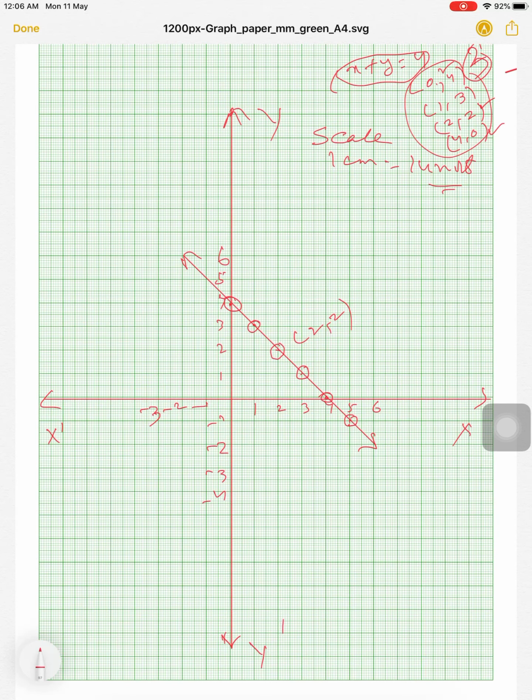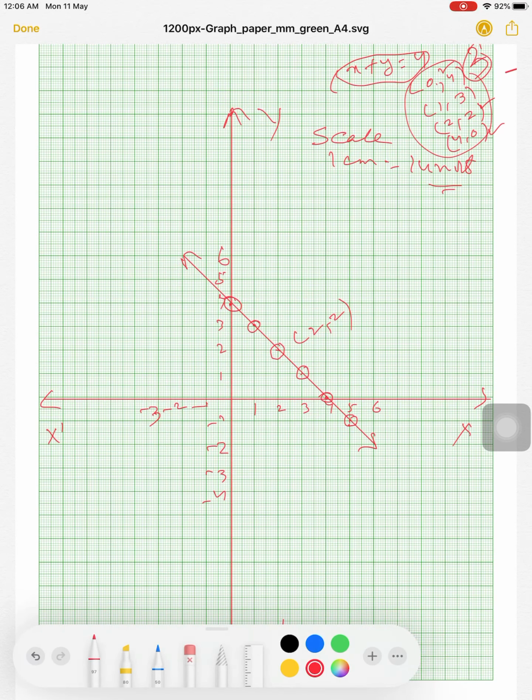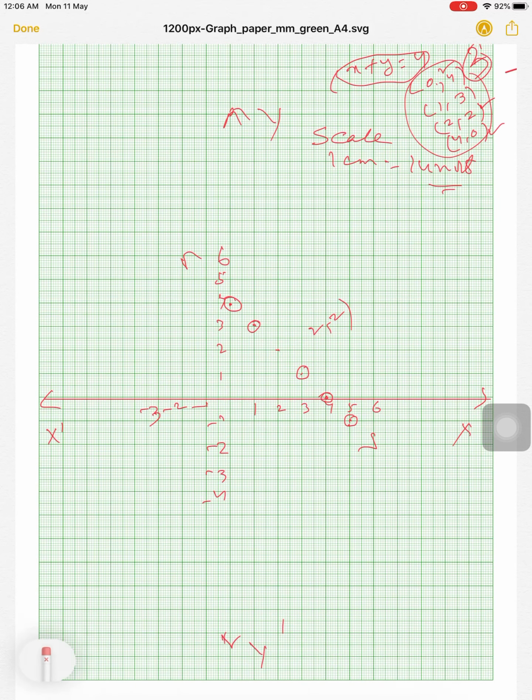Now let us think of another equation. Suppose I take x plus y equal to 2.